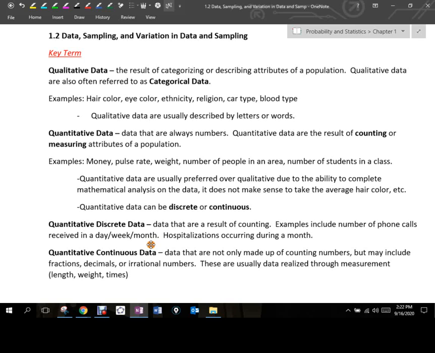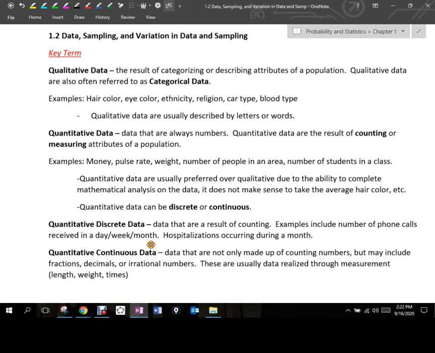Those are discrete when it's a whole number response, okay? Now, if I'm measuring, and I say I want to measure the length of every room, that measurement can show up on a scale. If I use a tape measure, it might go down to 1/8 of an inch or 1/16 or 1/32, 1/64, however precise my instrument is.